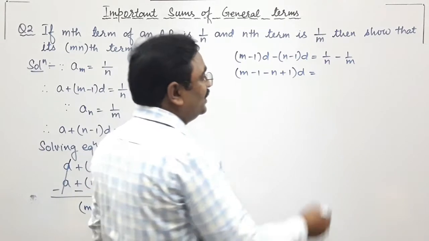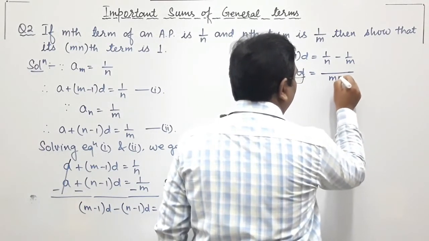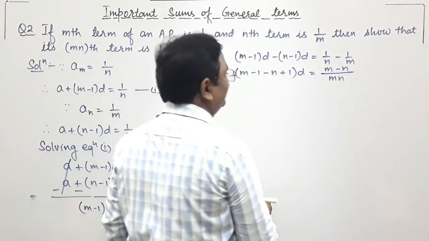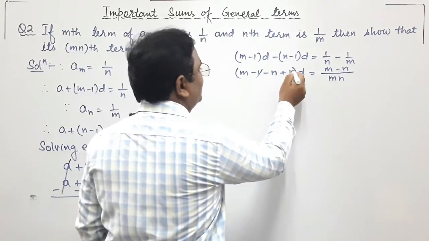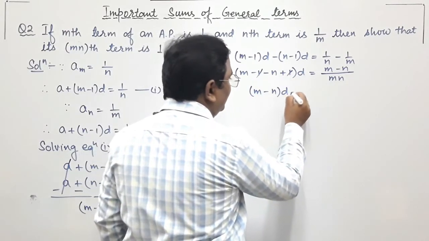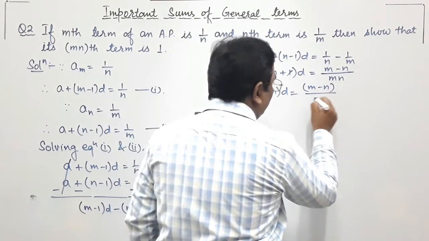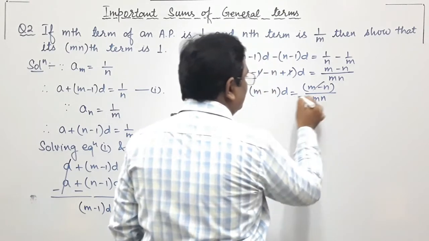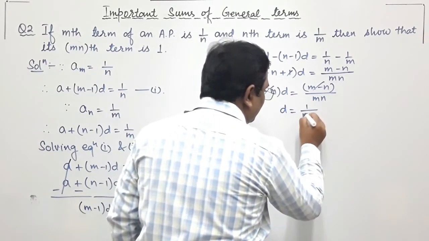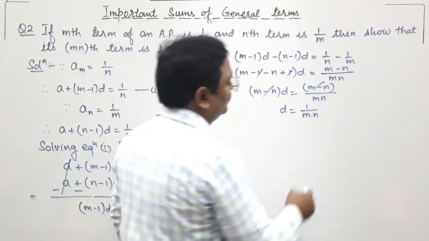Right children? And here we have taken the LCM mn. So you get m minus n. Therefore here 1 is cancelled, plus minus. You get m minus n into d is equal to m minus n upon mn. So this is cancelled. Therefore the common difference d is equal to 1 upon m into n. This is equation number 3.